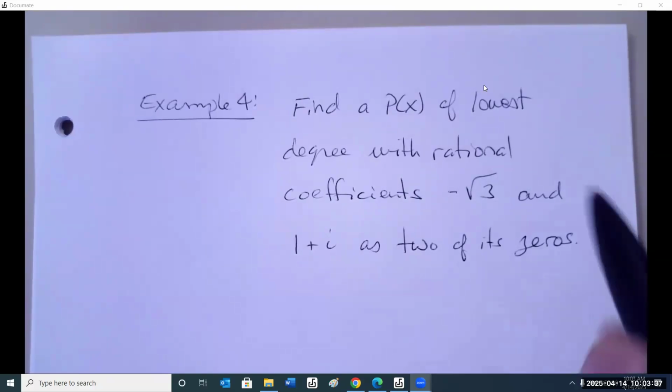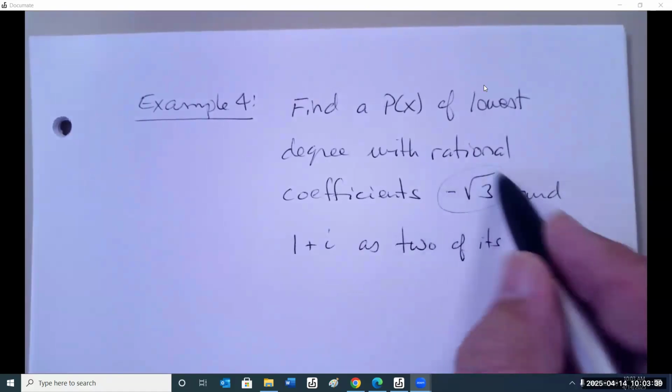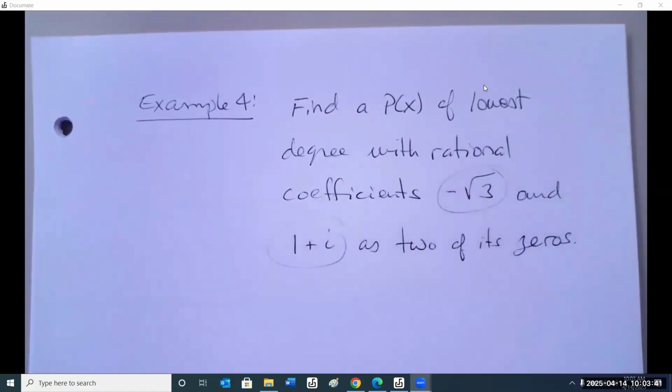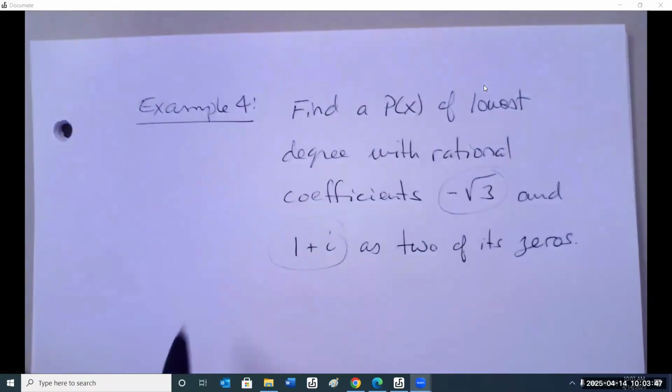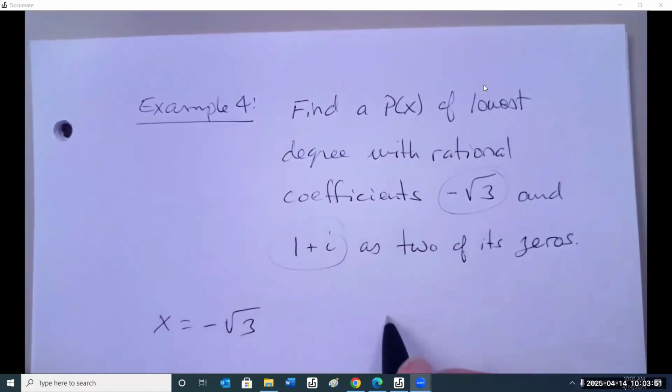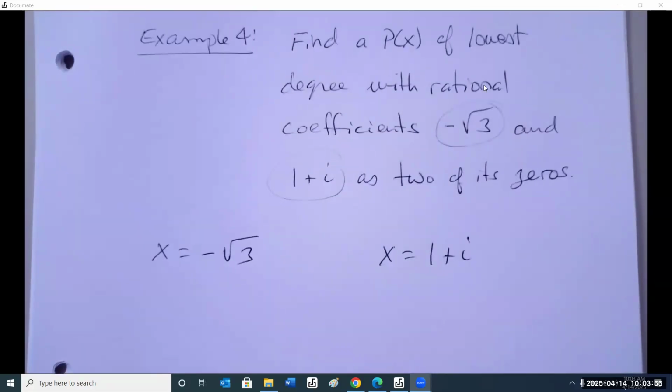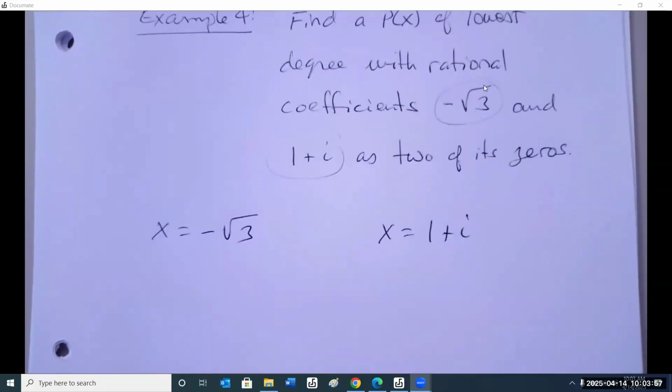Because remember, so far, it gave you, what are these? Those are zeros. So automatically, there's a degree 2. So we know that x is equal to negative radical 3 and x equals 1 plus i. Okay, so what do we need? How many more do we need?